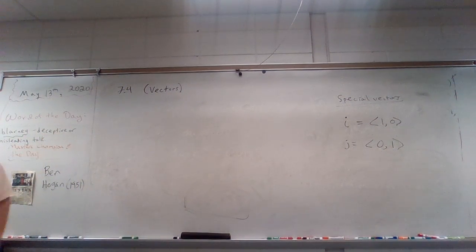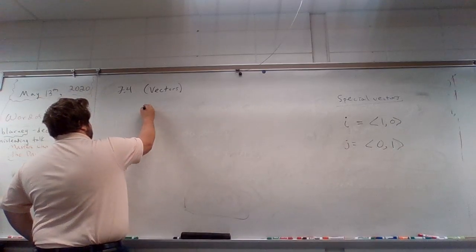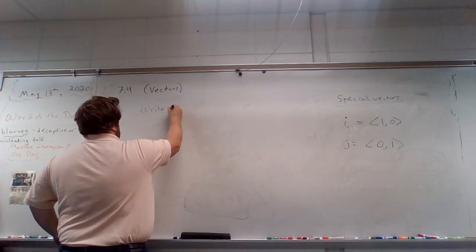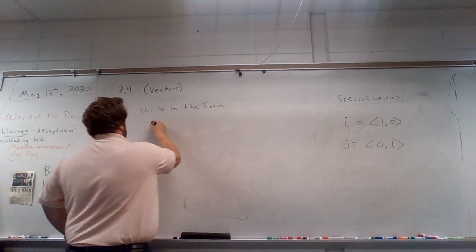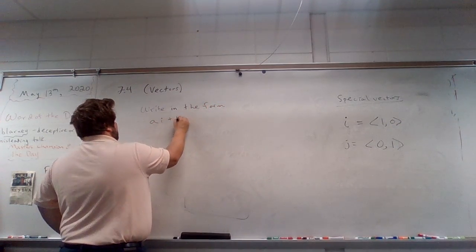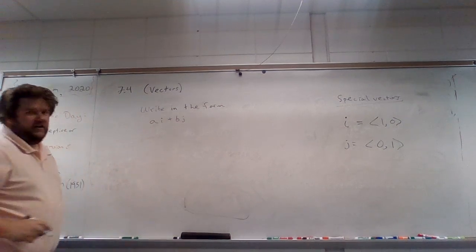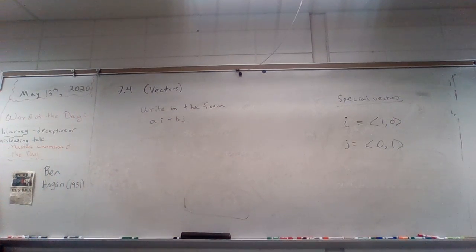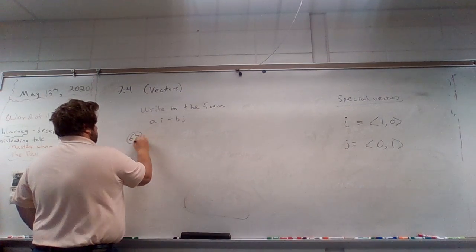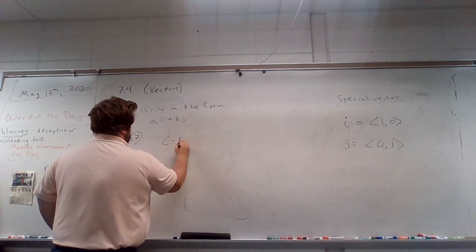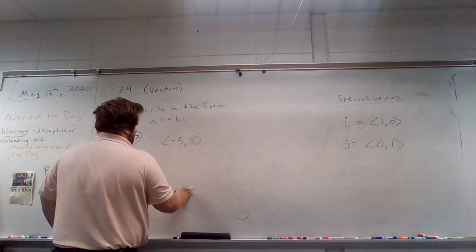So what we can do is we can write vectors right in the form ai plus bj. And I can do that for my vector negative 5, 8 here. Okay.